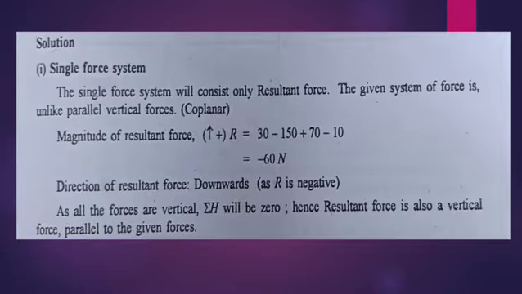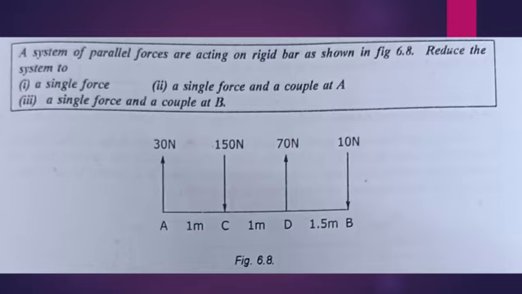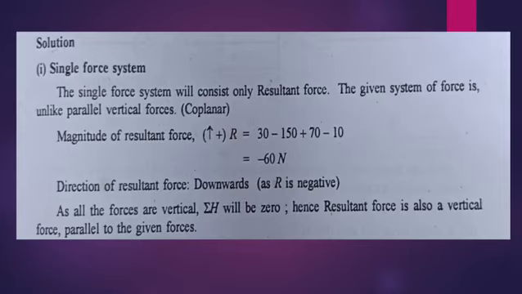First, we are going to reduce the given system of forces into a single force system. Here, 4 forces are given. 2 forces are acting downward and 2 forces are acting upward. 30 Newton is acting upward, therefore the sign is positive. Then the 150 Newton load is acting downward, therefore the sign is negative, minus 150.